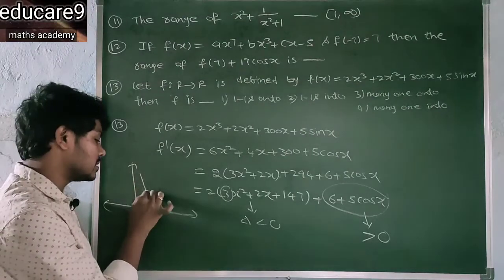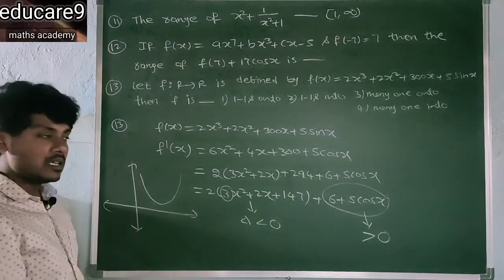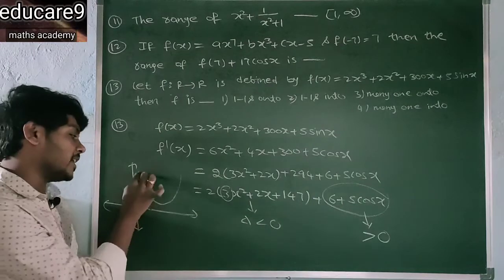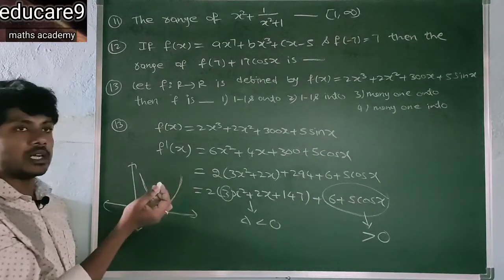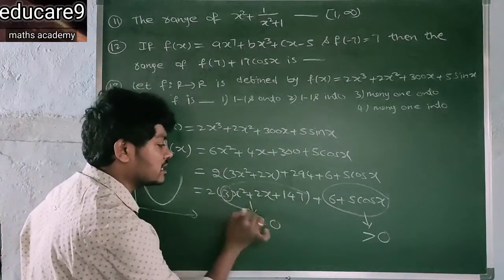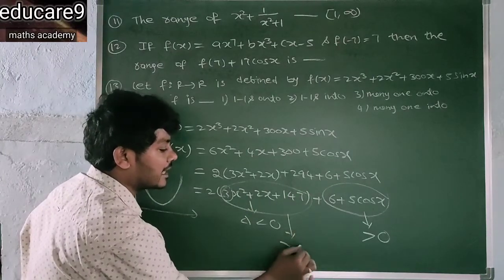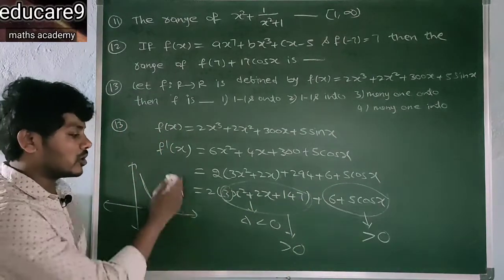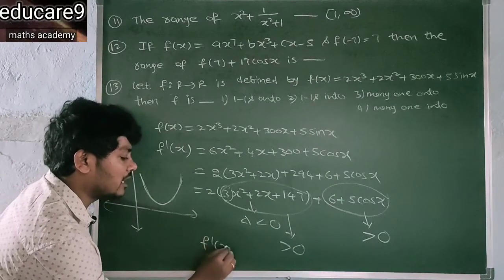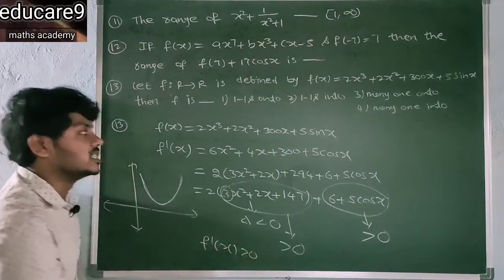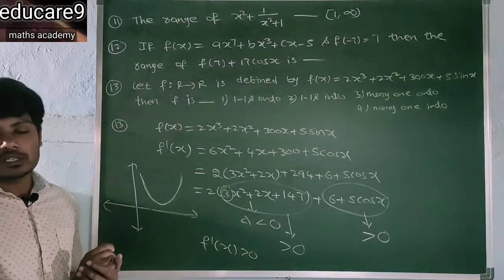So like this. So clearly for every value of x, this function is positive. So clearly this is also greater than 0. Now clearly f dash x is greater than 0. So this is a strictly increasing function.